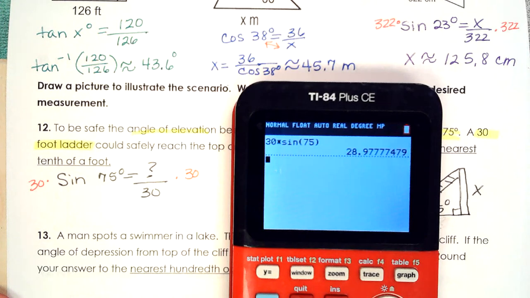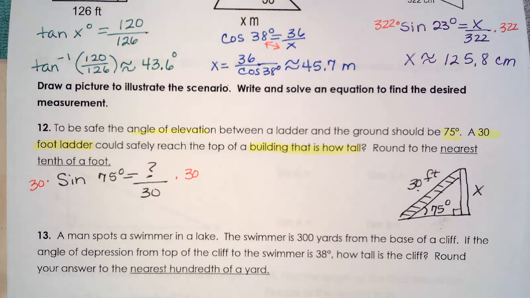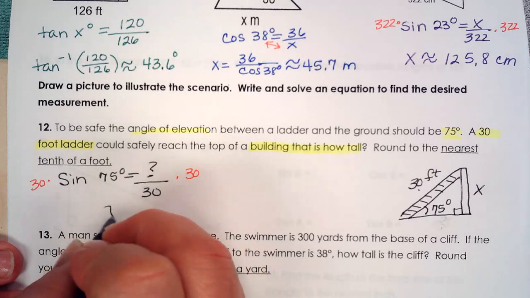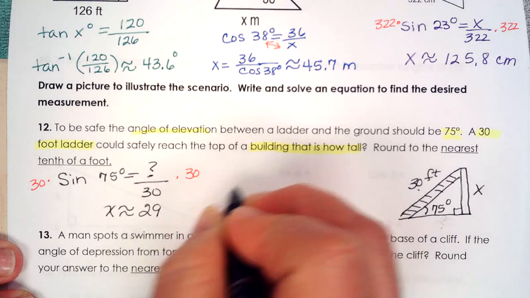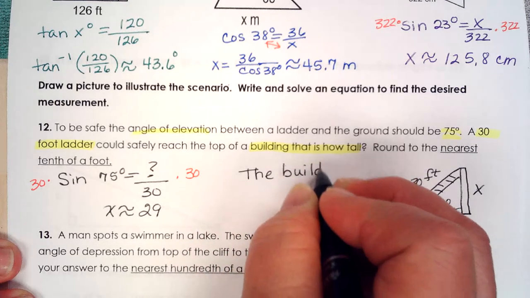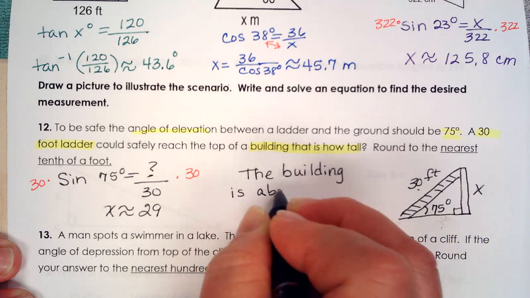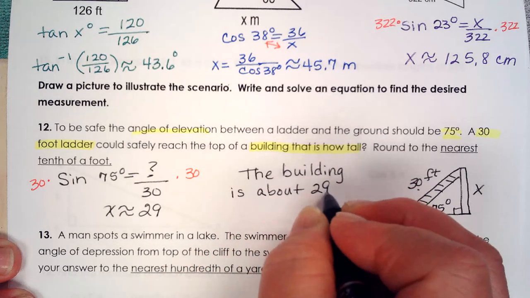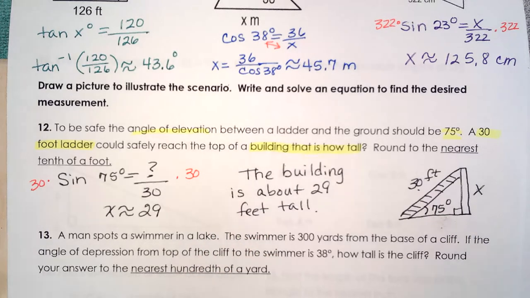Thirty times the sine of 75 is 28.977, which would round up to 29 feet. The building is about 29 feet tall. That would be as high as you'd want to go with that ladder.